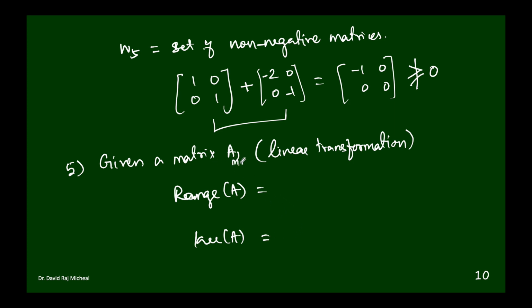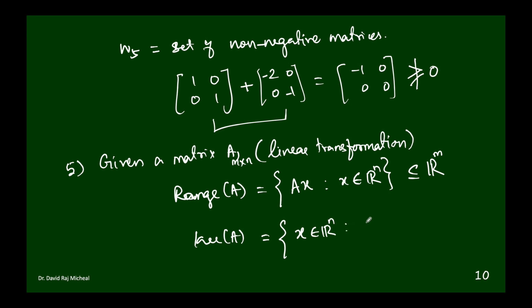If the matrix order is m by n, then the range of A is defined as the set of all Ax such that x belongs to Rn. Now this is a subset of Rm. The kernel of A is defined as the set of all x in Rn such that Ax equals 0.